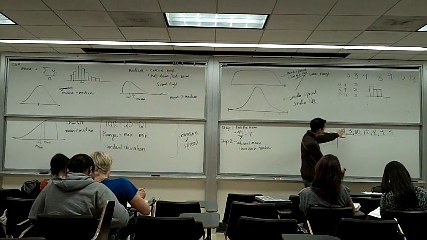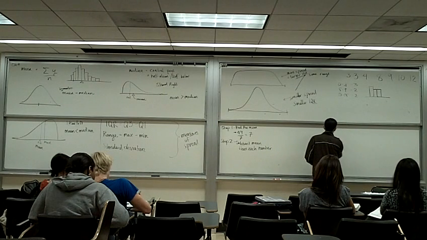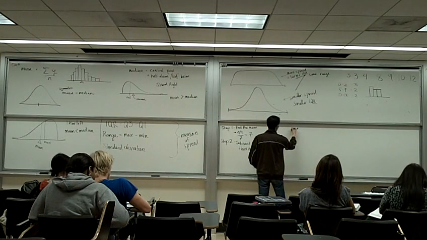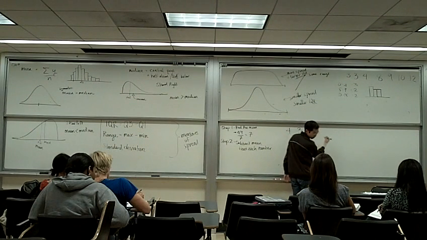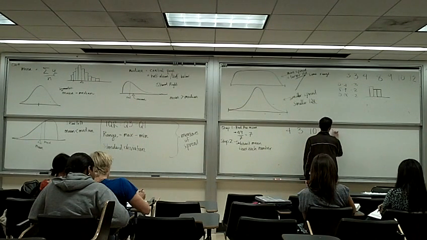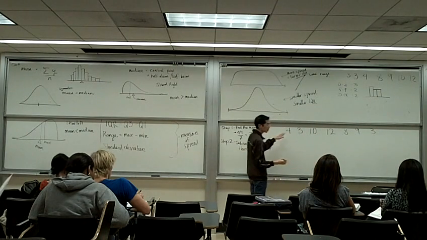Let me space these numbers out a little bit more so we can see what's happening here. What were the numbers I got? 4, 3, 10, 12, 8, 9, and 3.